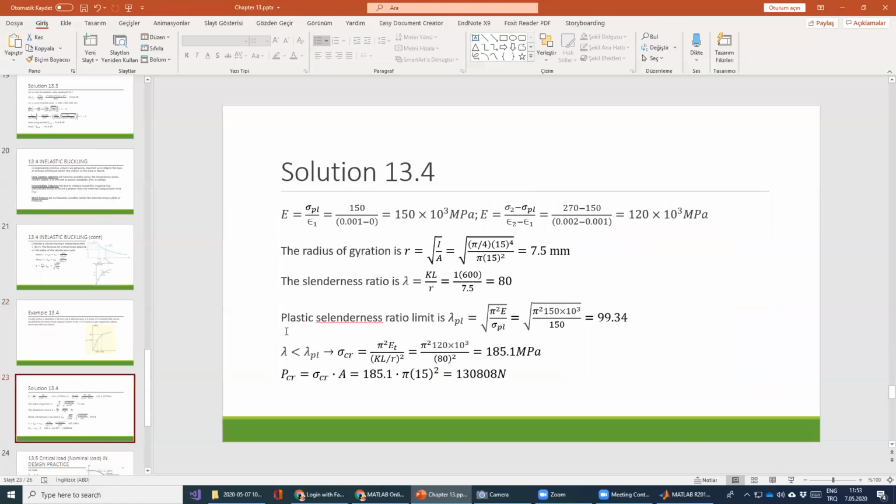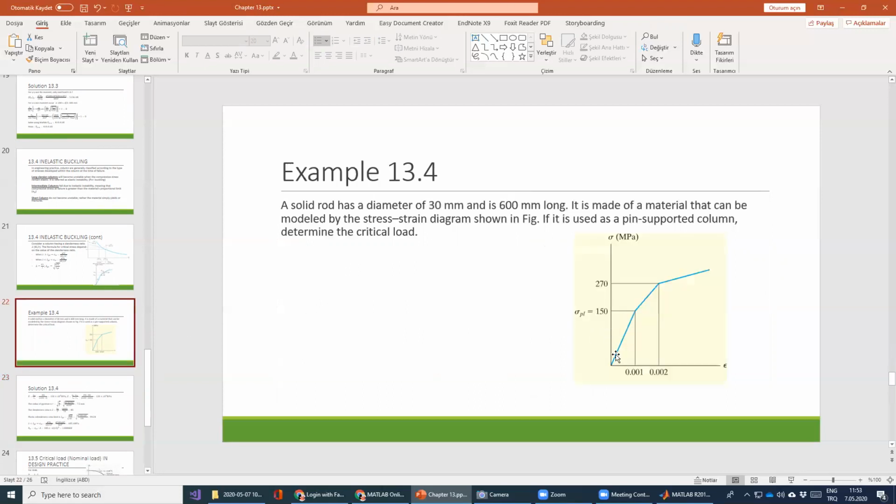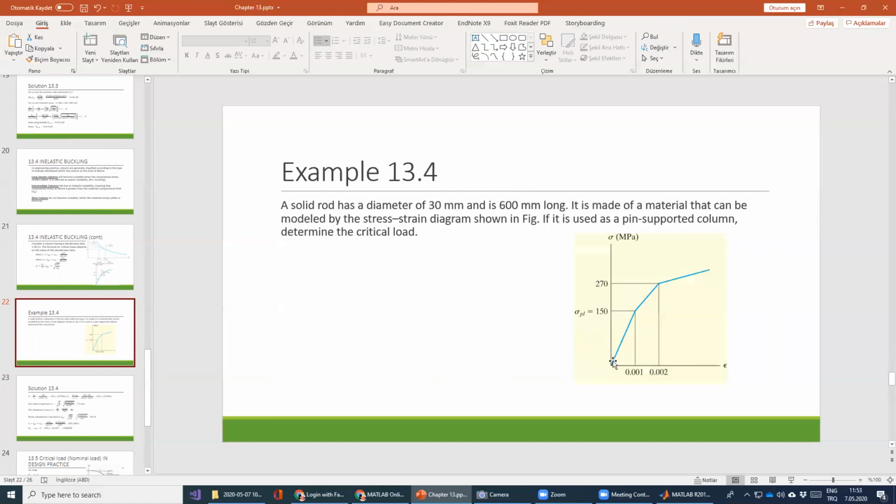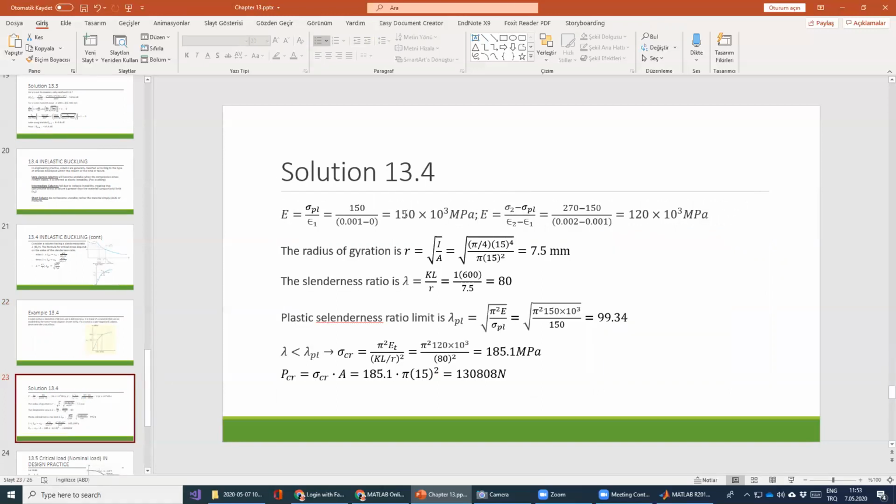First of all, I want to compute the modulus values using the stress-strain diagram. I start with the first line. To find it, 150 minus 0 divided by 0.001, and after that I find the modulus of elasticity is equal to 150 times 10 to the power 3 megapascal, or 150 gigapascal.